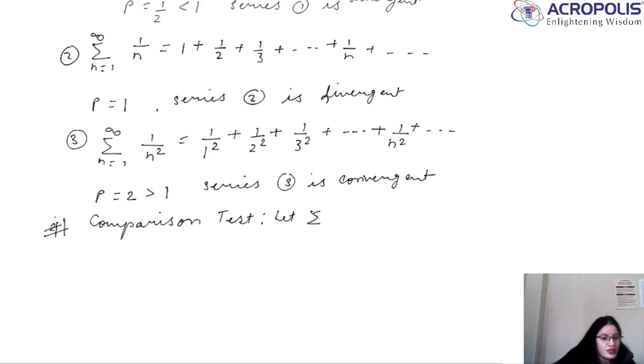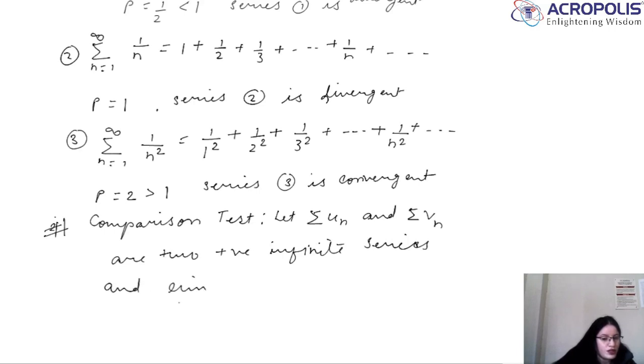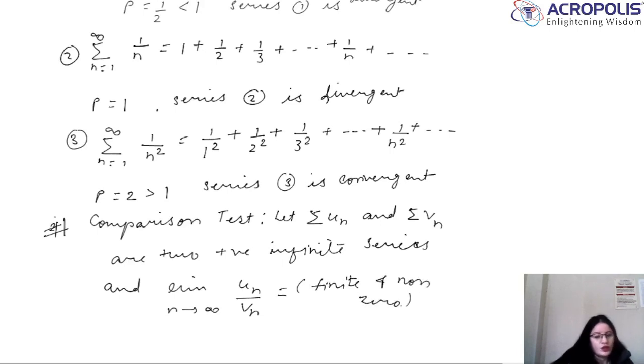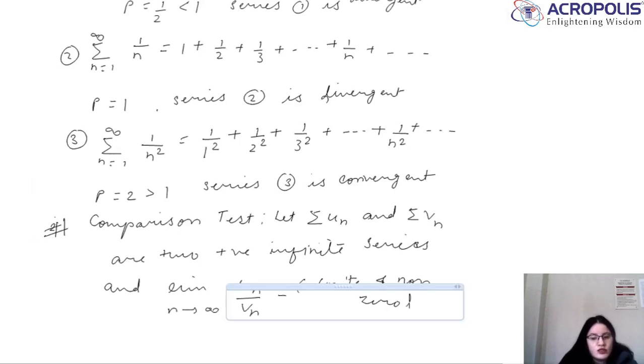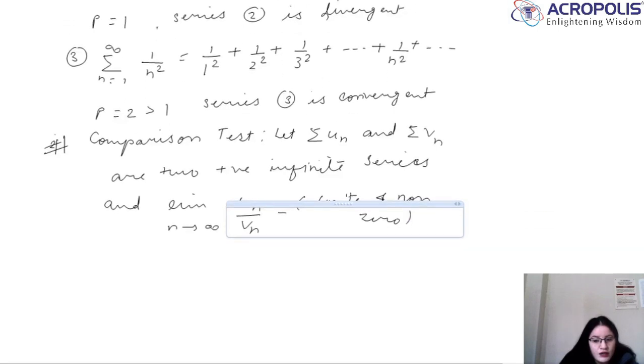Let us take two series, summation un and summation vn, which are two positive infinite series, and limit n tends to infinity un divided by vn is equal to finite and non-zero, where un and vn are the nth terms of the series summation un and summation vn.